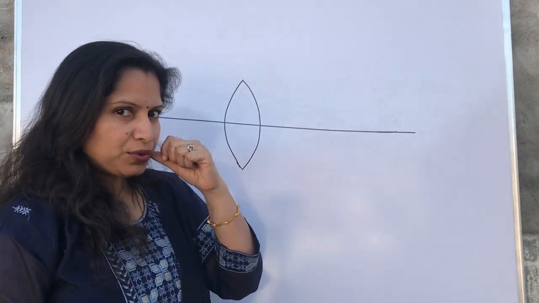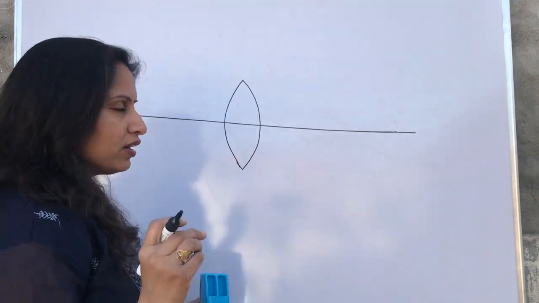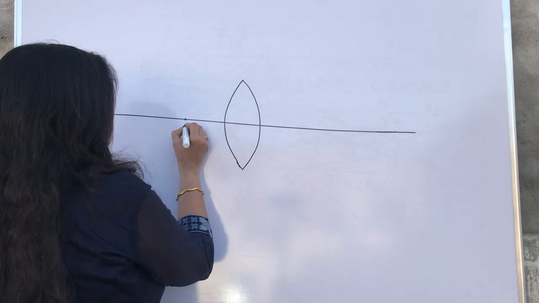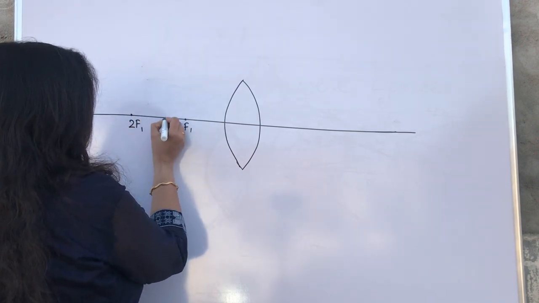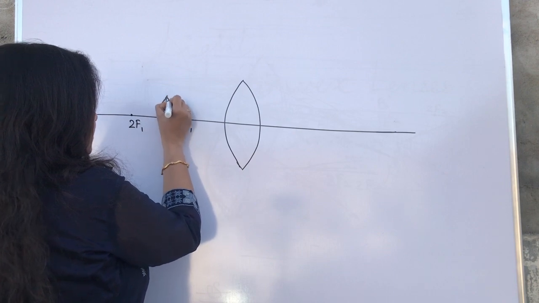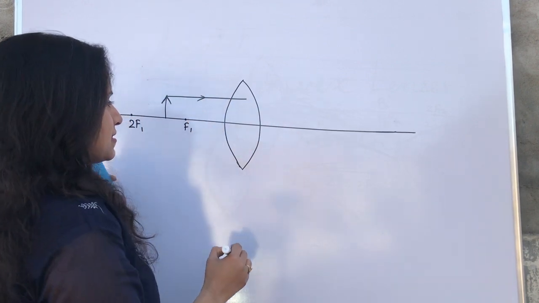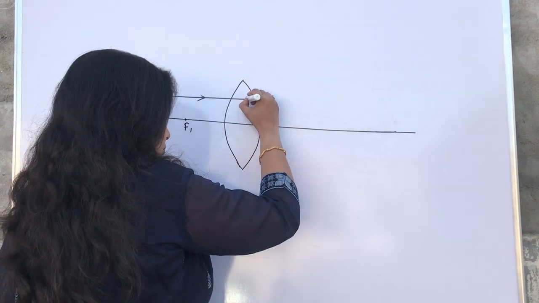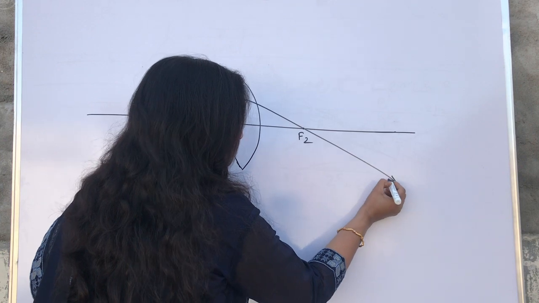And now let's see, when we are placing the object between F1 and 2F1, what is the position of our image? We are placing the object here. A ray of light passing parallel to the principal axis after refraction will pass through F2.